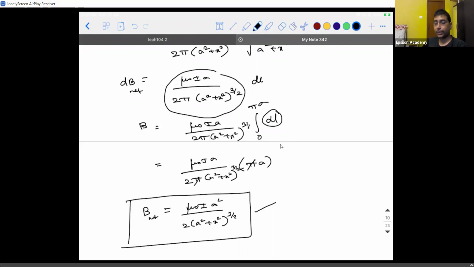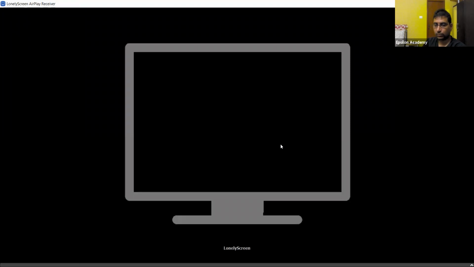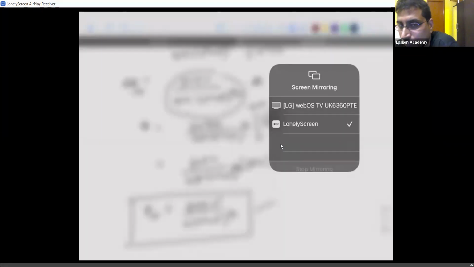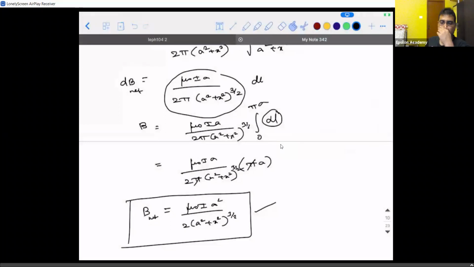So this is the magnetic field due to one loop. Okay.